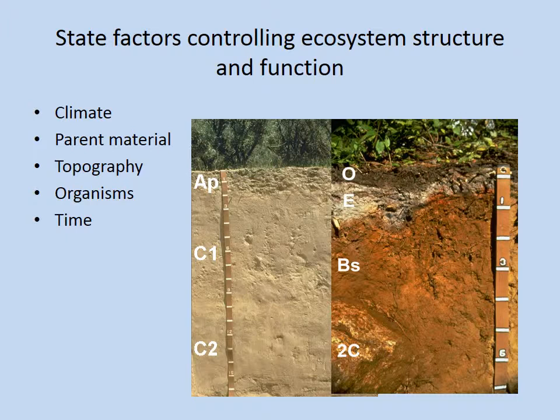The state factors that control ecosystem development are also strongly related to the types of soils that develop. These state factors controlling soil development include climate, site geology, topography of the land, the living organisms, and the age of the soil. The interactions between these state factors and forests are major components of this course.